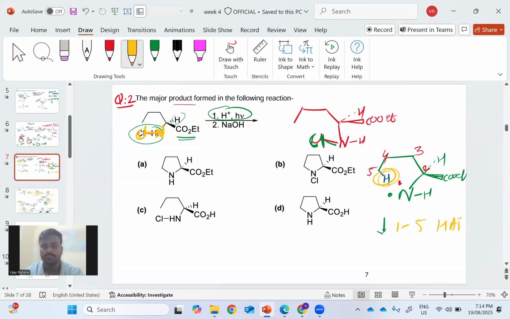Once this radical forms, this hydrogen shows the 1,5 hydrogen atom transfer. It gives the intermediate, where the remaining structure will be as it is.